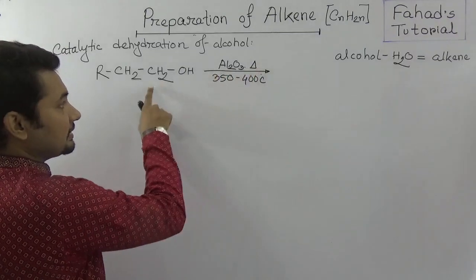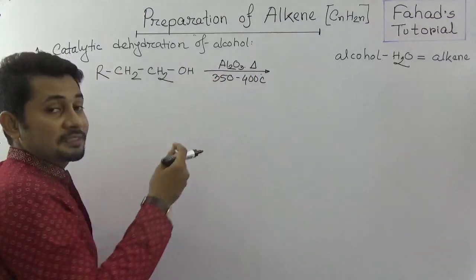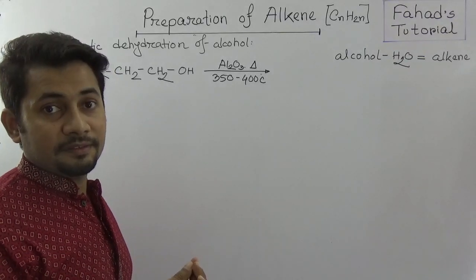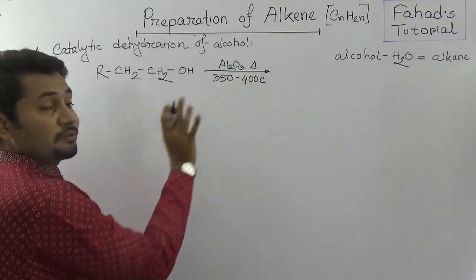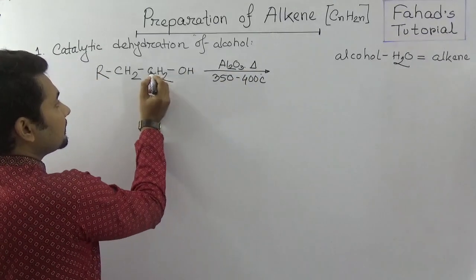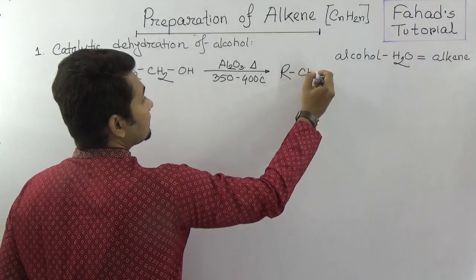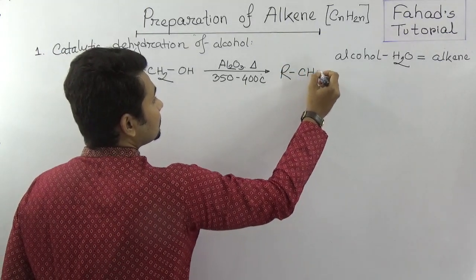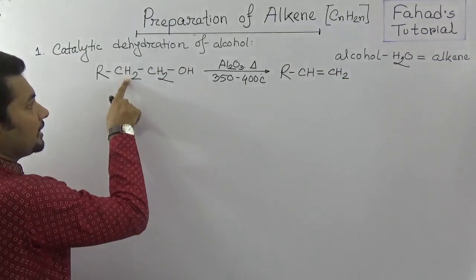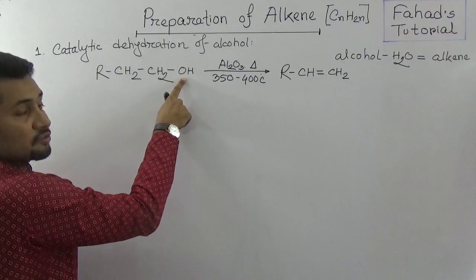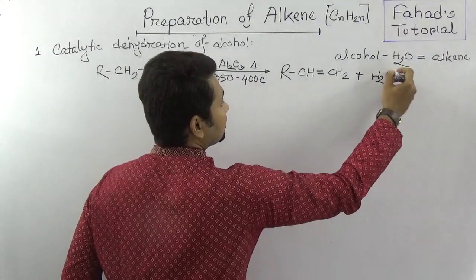So you are heating steam alcohol in the presence of alumina with a heater at 350 to 400 degrees Celsius, then what will happen? CH double bond CH2. One hydrogen and OH are removed and it will produce water.